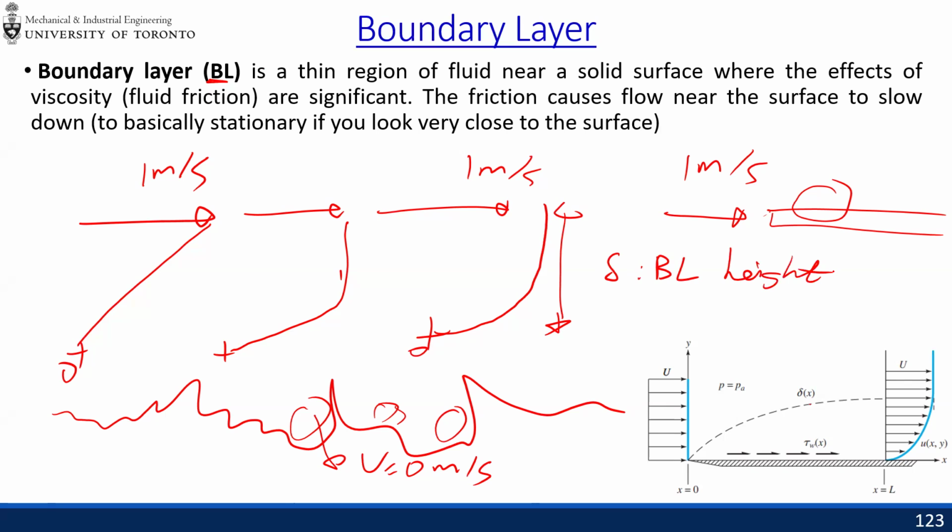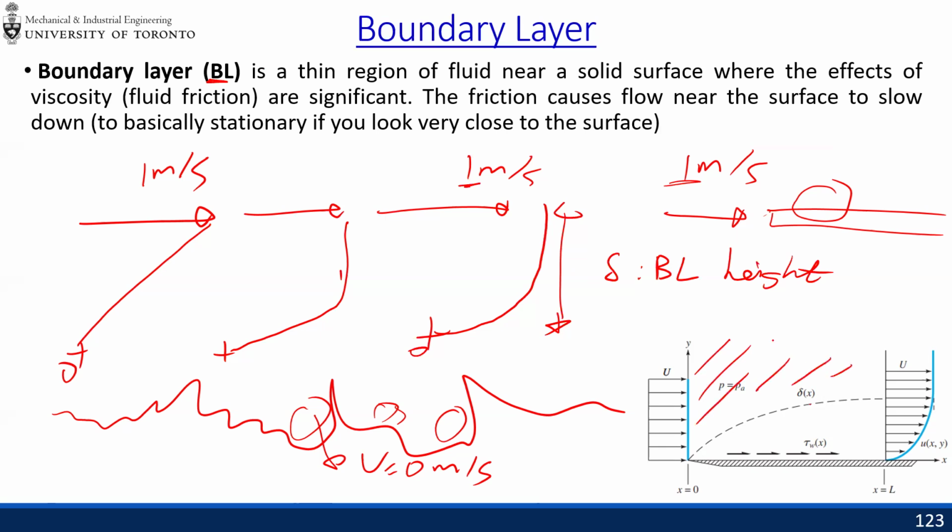If we're being accurate, technically it's based on 99% of your free stream velocity. So you count from 0 to 0.99 meters per second in this case. But for now, you can just assume that that's the boundary layer height that reaches the free stream velocity. Free stream is basically the incoming velocity, or if you move far away, the flow becomes inviscid again.